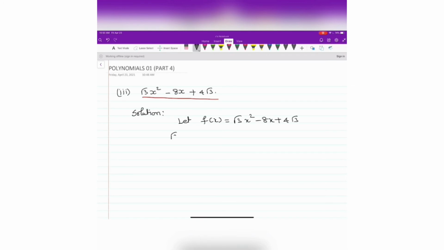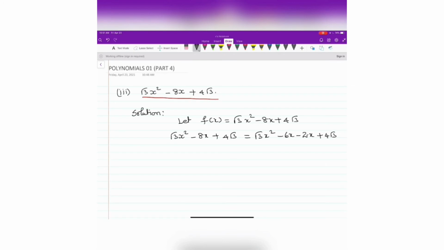So, root 3x square minus 8x plus 4 root 3 can be written as root 3x square. This minus 8x, I can write it as minus 6x minus 2x. Of course, plus 4 root 3 is there.